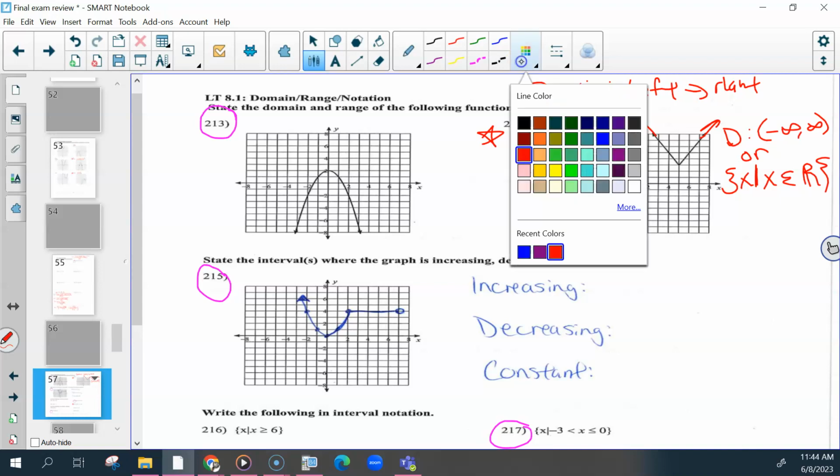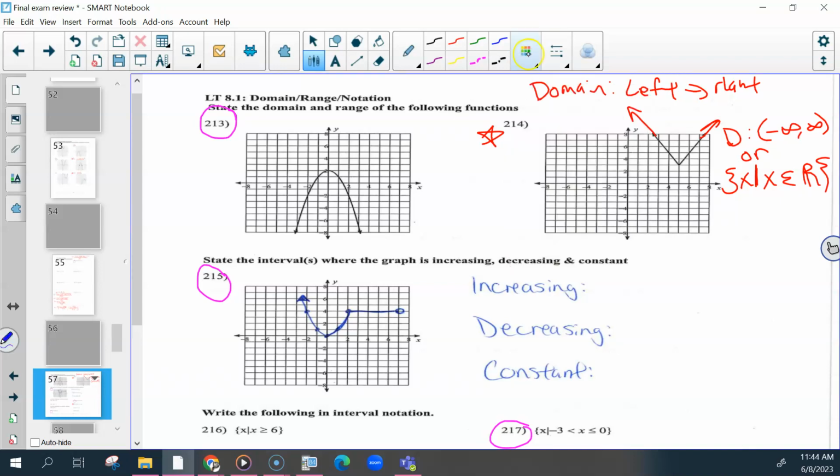Range is lowest to highest. So we're looking for the lowest point. There is one at 3. And then highest, because of the arrows, it keeps going outward and up. So in interval notation, that would start at 3 and keep going to infinity.